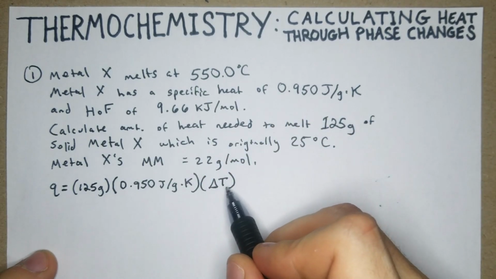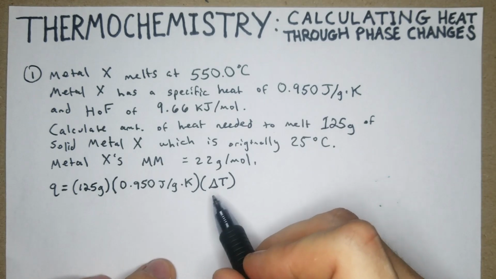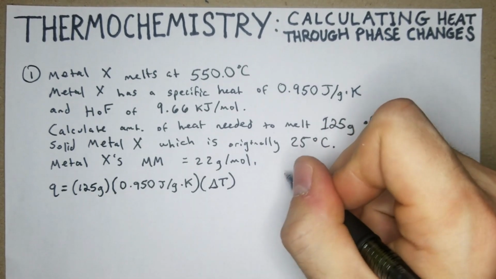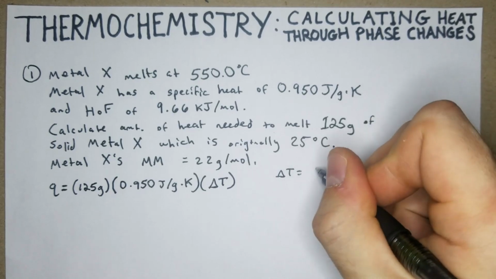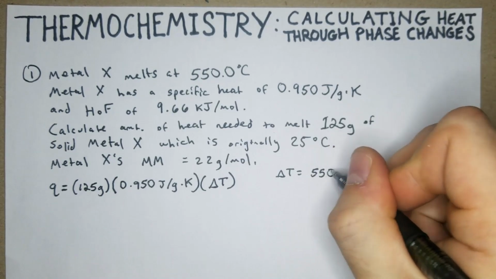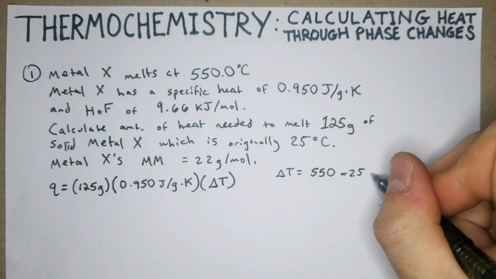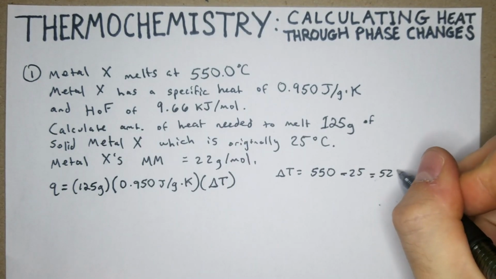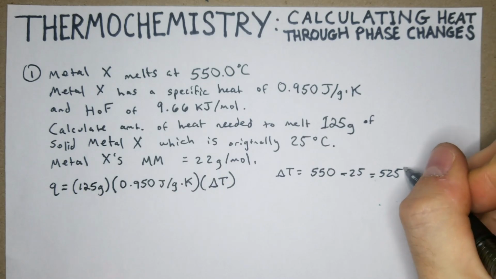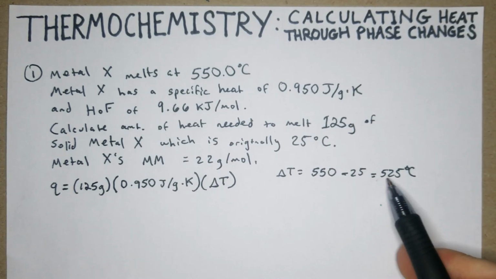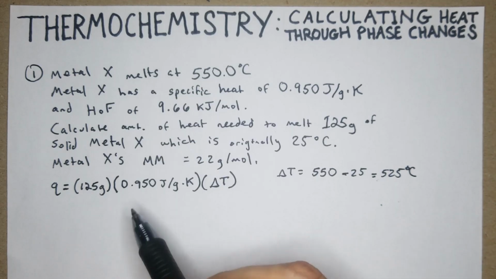Now, change in T is obviously the variance in temperature, what it's going to. So we're going to have 550 minus 25 equals 525 degrees C. It wouldn't matter if that was Fahrenheit or Kelvin yet. It might matter later.